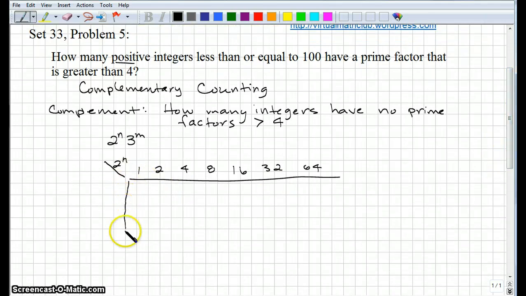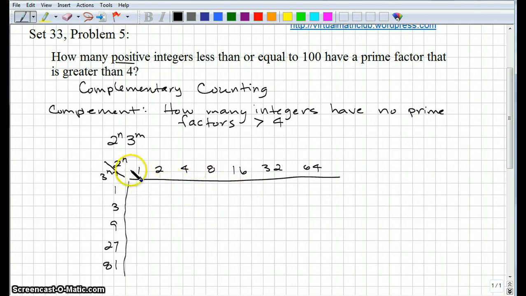And let's look also at the powers of 3. 3 to the m. Okay? So we'd have 3 to the 0 is 1, we'd have 3, 9, 27, and 81. Alright, and we're just looking for integers that are less than or equal to 100, so I'm just going to work with this for now.